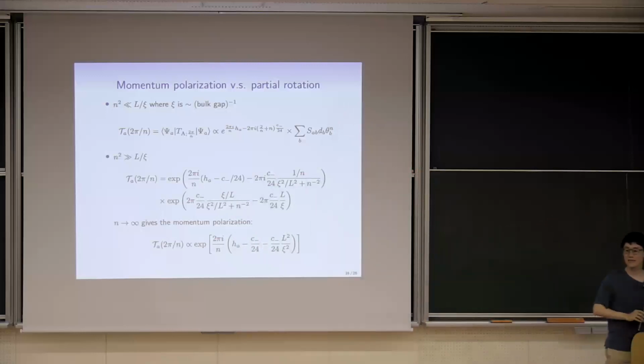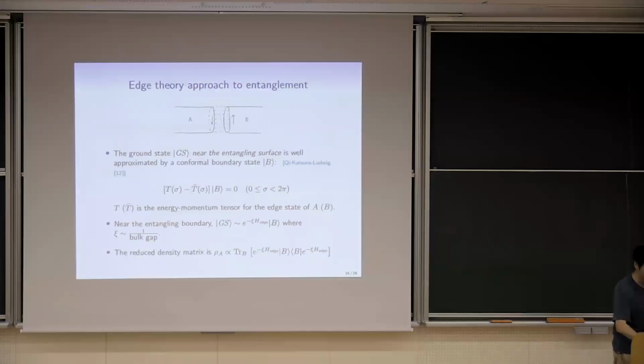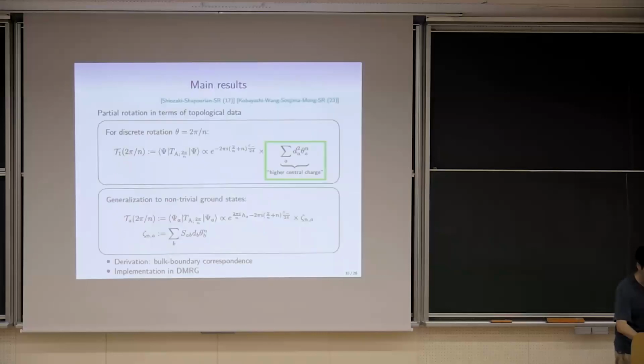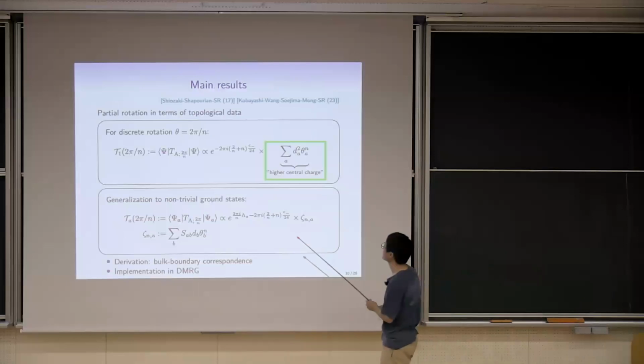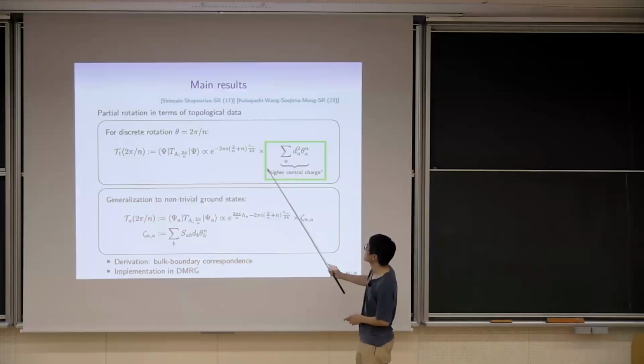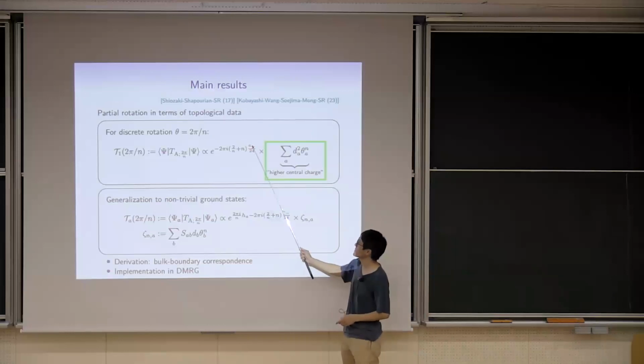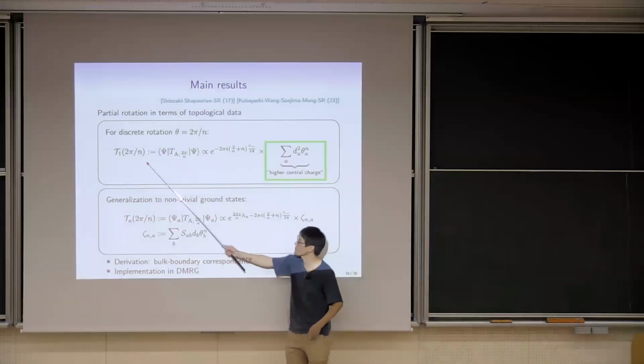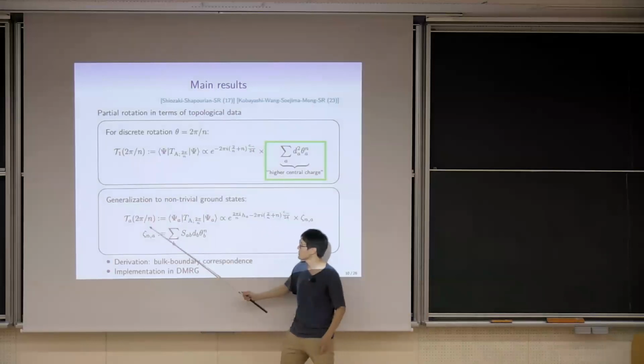Okay, other questions? What is the relationship between higher central charge and this partial rotation? So that's right. If you know the chiral central charge, numerically we get either this or this.